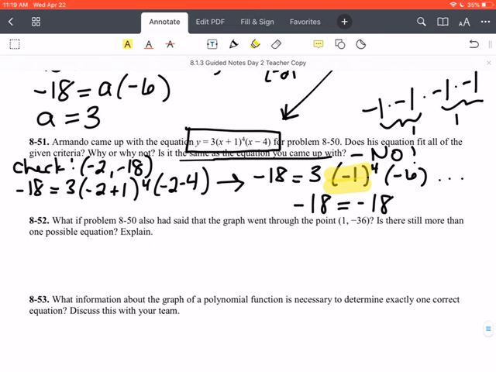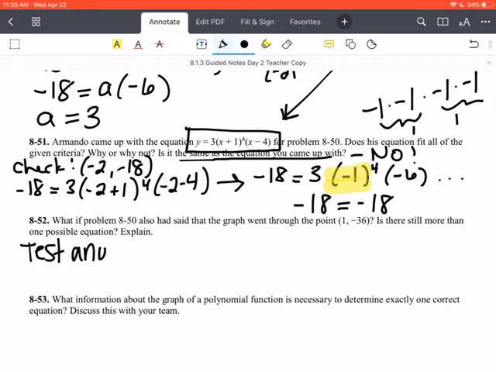The key, or the reason that we're doing this problem, is that we would then need to test another point. So when we basically have -1 or +1 in the parentheses being raised to an even power, we've got to be careful, okay?